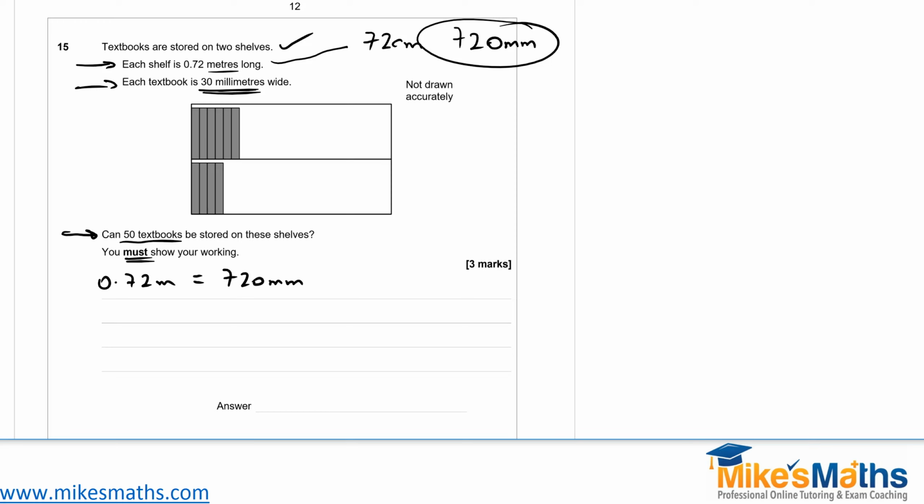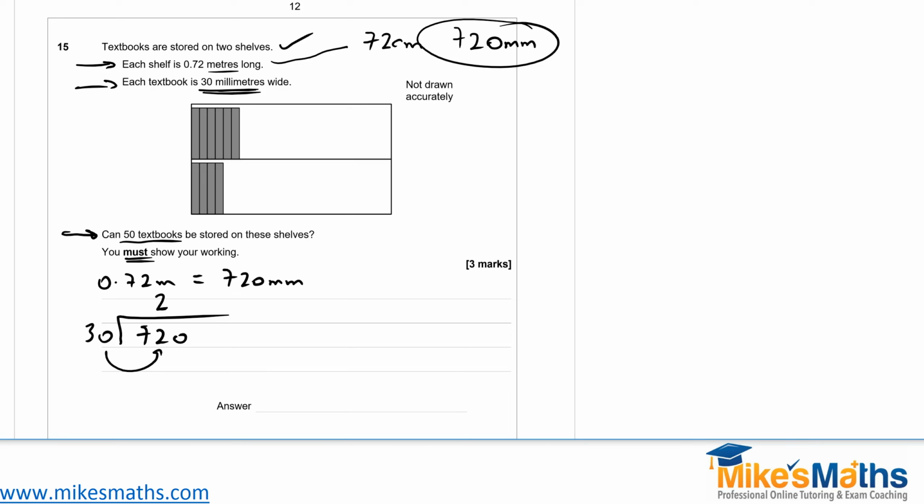And then we're going to have to do 720 divided by 30, aren't we? So let's do this, 720 divided by 30, because this will tell us how many books fit on one shelf. Because the shelf is 720 long and each book is 30 millimeters wide. So, how many times does 30 go into 72? Well, 2 30s are 60.